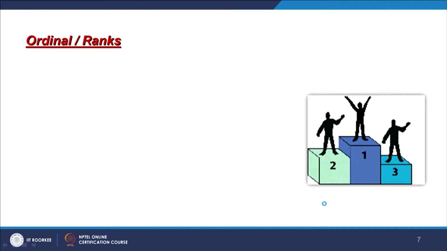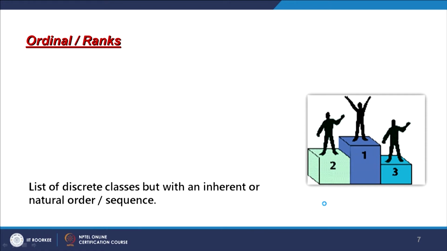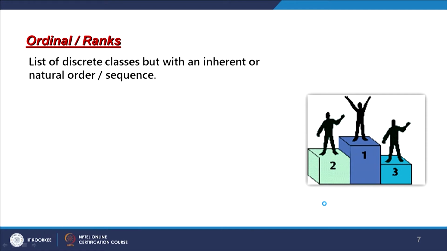So let us come to the second one, which is ordinal or ranks. As the name implies, it must be having some order. So it is again a list of discrete classes but with an inherent order, or a natural sequence. For example, in a stream network, we are having first order stream, second order stream, third order stream.